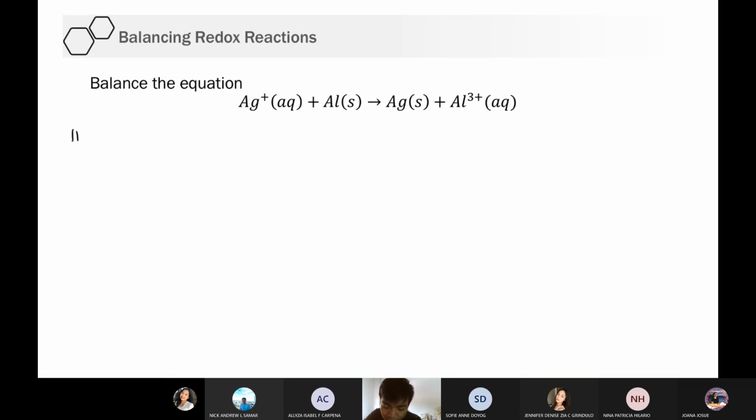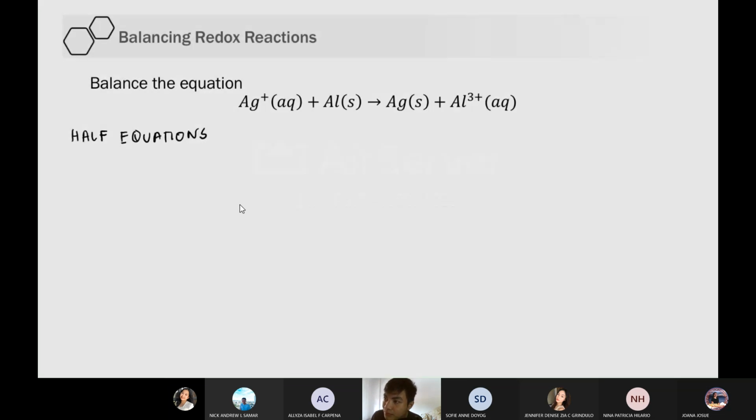That means our half equations will be Ag+ to Ag. Okay. Ito yun.